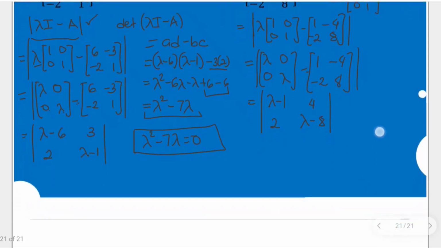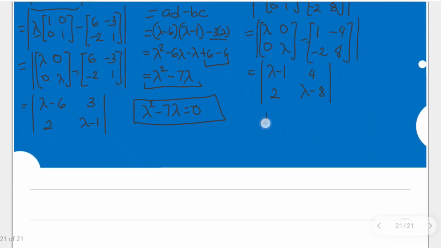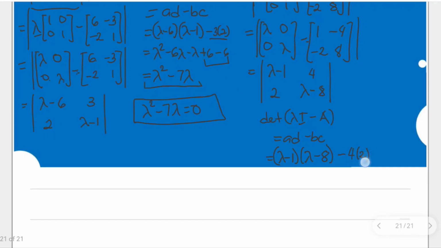Next, we will solve for the determinant of this expression, lambda I, your identity, minus A. Again, this is AD minus BC for a 2 by 2 square matrix. So your A is lambda minus 1 times lambda minus 8, minus your B, which is 4 times 2.